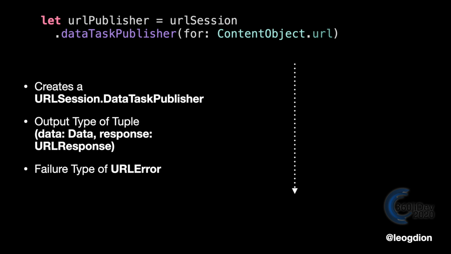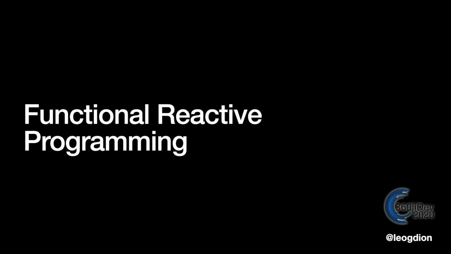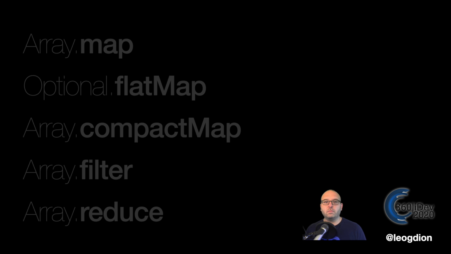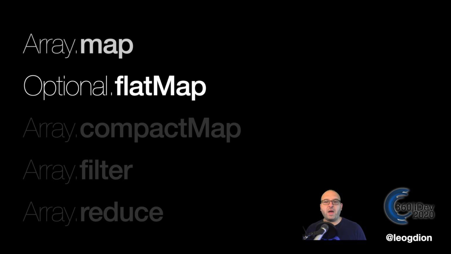So then you might be asking, how do we take that and transform that information into a words property? That is a string. Well, you probably heard this term before, but essentially this is the functional reactive programming of SwiftUI and Combine, specifically the functional part. You probably have done functional programming before. Let's say you've converted a series of values within an array using map, taken an optional value and returned another optional value and made sure that it's flattened using flatMap.